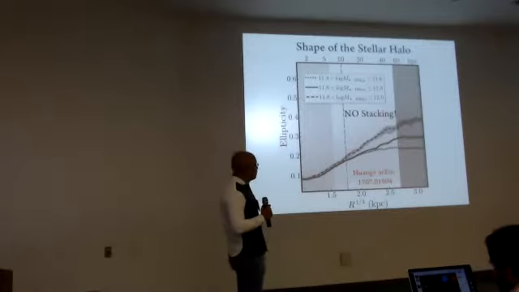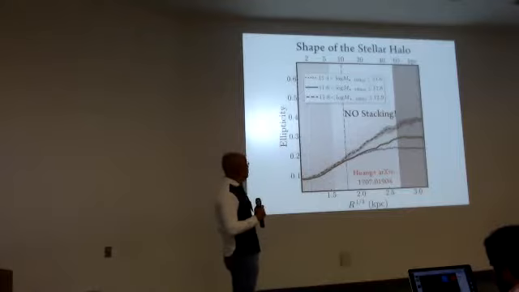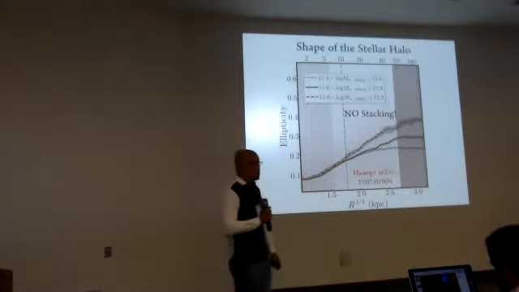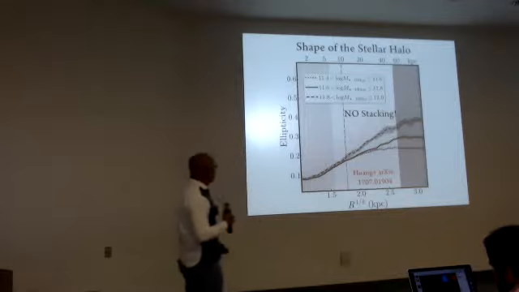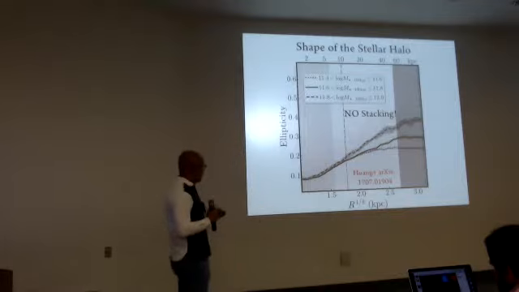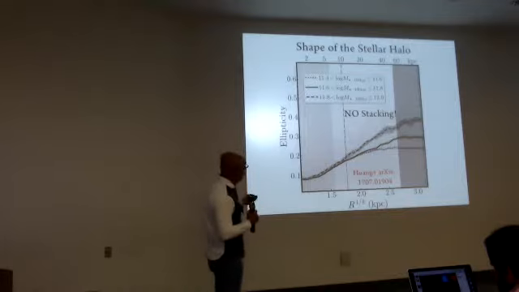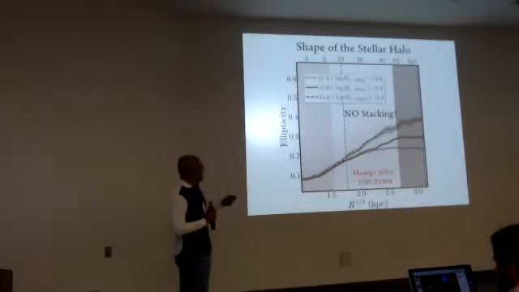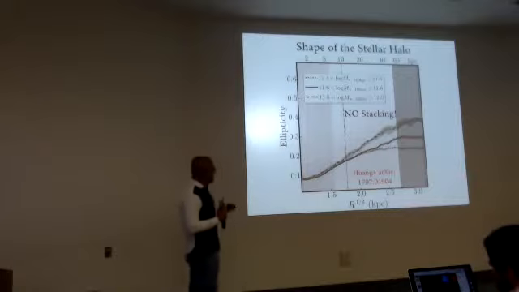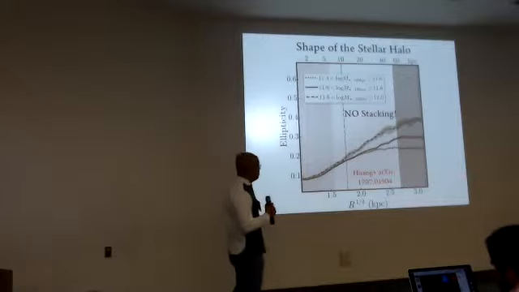Besides the 1D stellar mass density profile, we can also extract the shape of the stellar halos in 1D. Here I show the ellipticity profile of the galaxies out to 50 or 60 kiloparsec for the same sample of massive galaxies in the 3 mass bins, and again I show their median ellipticity profile.